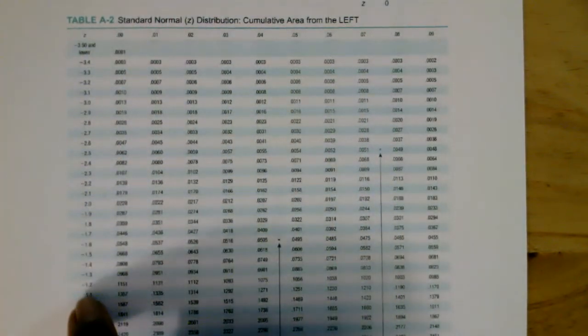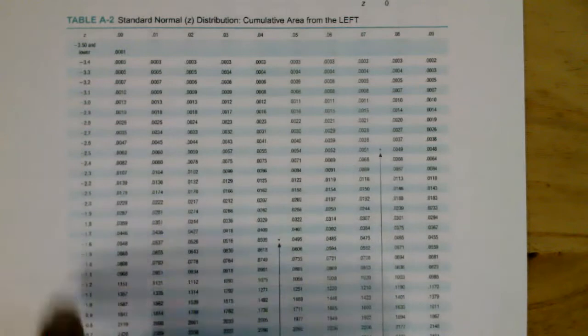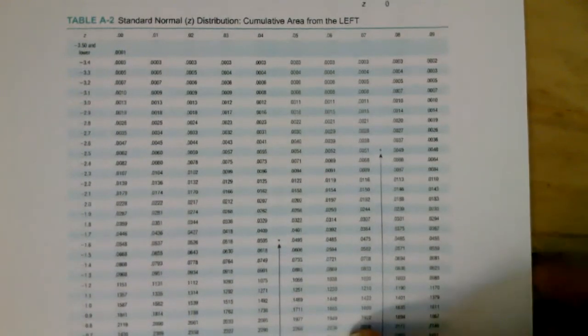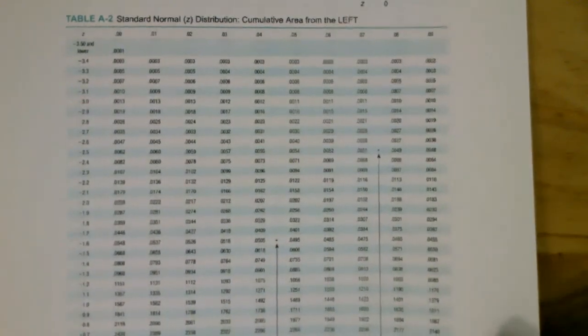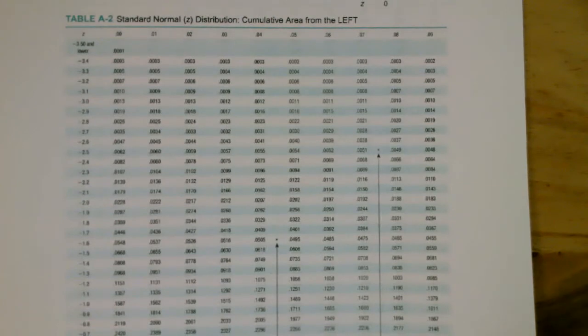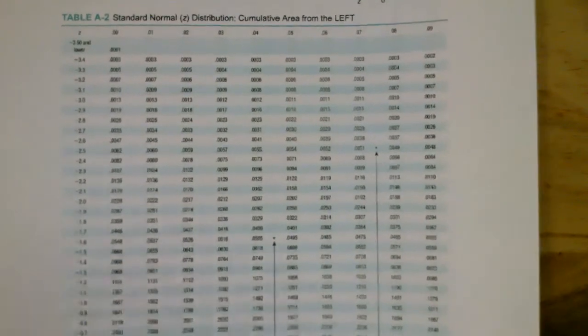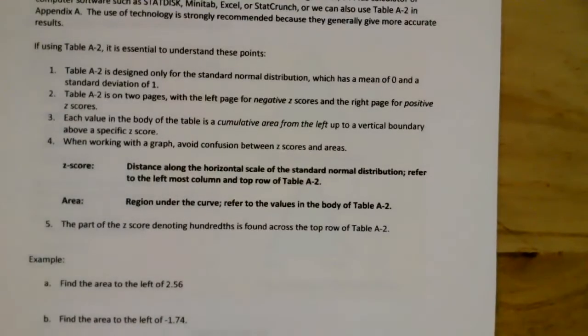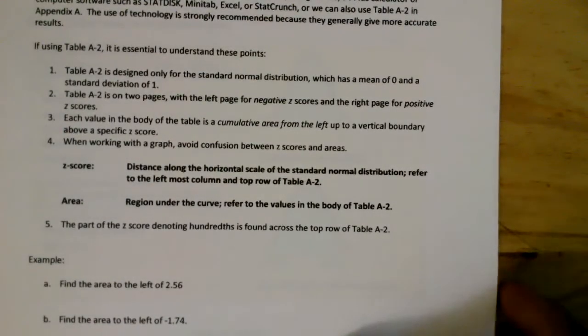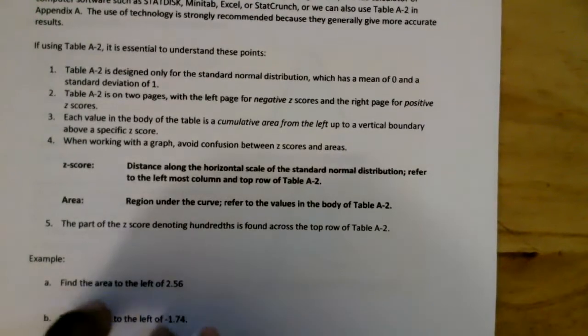The digits on the far left represent the number in front of the decimal point and the first number after the decimal point. So that's very important that you understand how to read this particular table. In fact, let's look at some examples of just that.